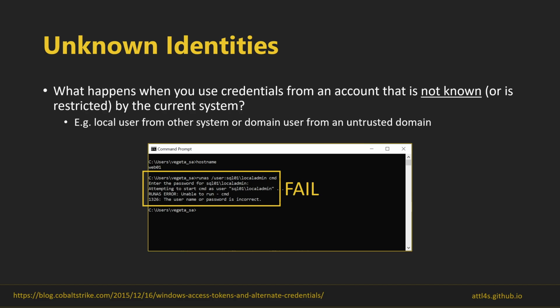But what happens when we try to create a new process with valid credentials, but from a user or an account that is not known by the current system or that has restricted access to the current system? Examples like I have credentials for a local user from another system and I want to create a new process with those credentials, or a domain user from an untrusted domain.